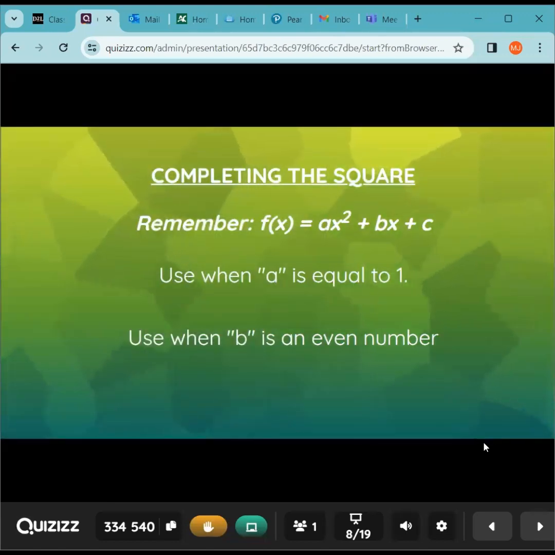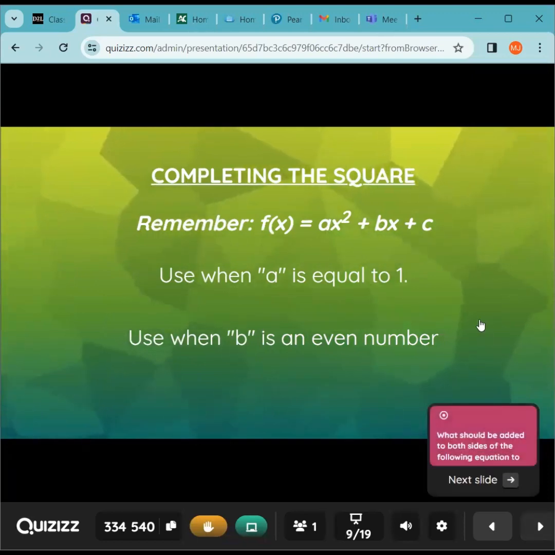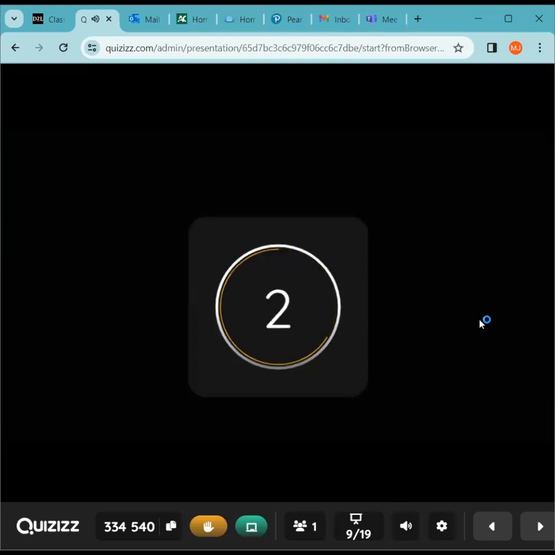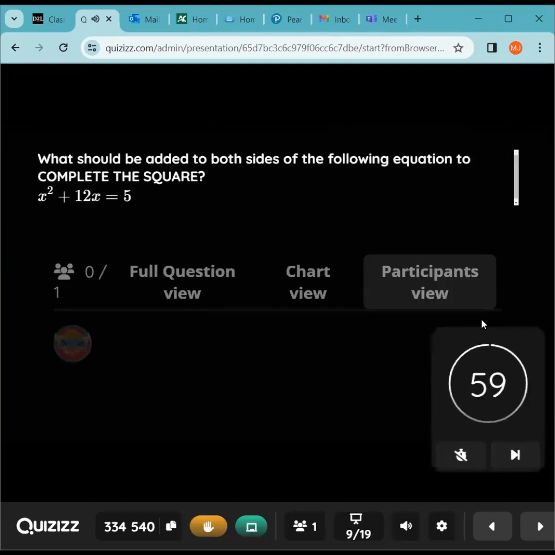Completing the square. Remember f of x equals ax squared plus bx plus c. Use when a is equal to 1. Use when b is an even number. So what should be added to both sides of the following equation to complete the square?